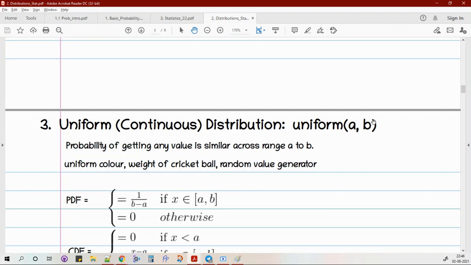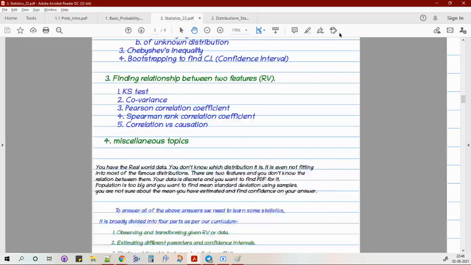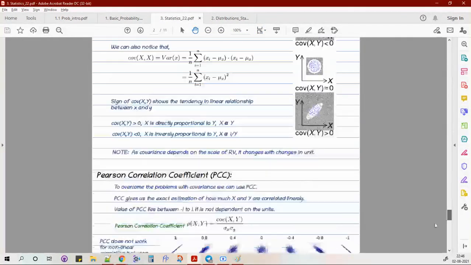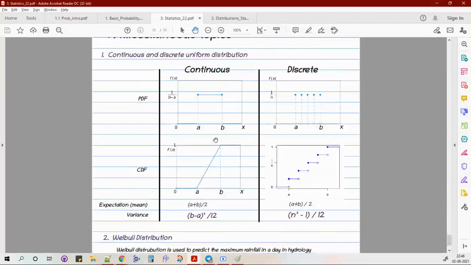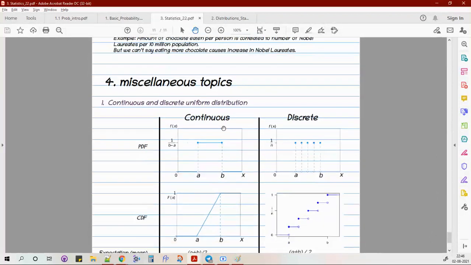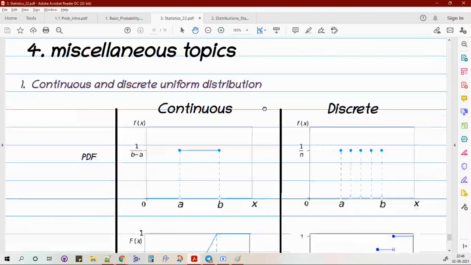It is similar. So in the statistics notes, let me have that. I hope it is there. Okay, so we have these two kinds of uniform distribution, continuous and discrete, right?